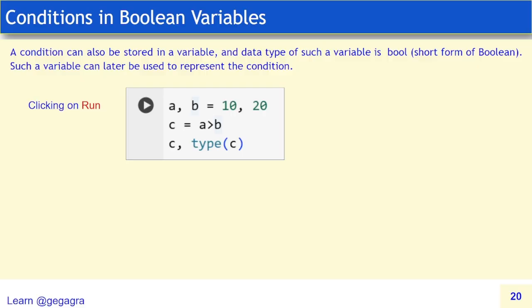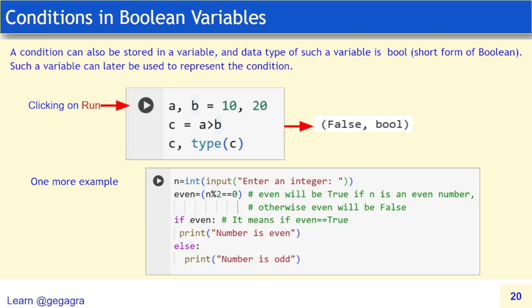When you say print c or type c, the type of the class will be bool and the output of this would be false. Correct?